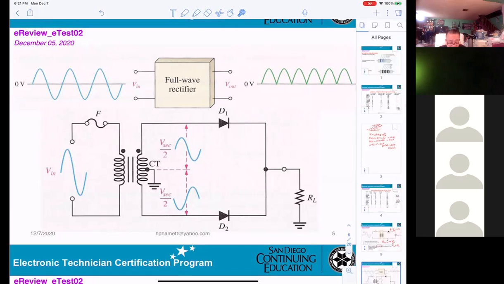Center tap. Center tap transformer. That means you can see it is divided in the center into upper and lower. The value will be V secondary divided by 2 for the upper, and V secondary divided by 2 for the lower. The only thing is, the upper is positive and the lower has to be negative, the opposite.